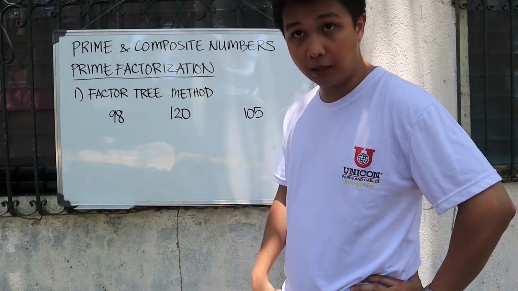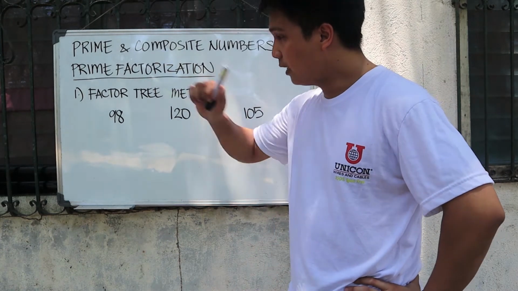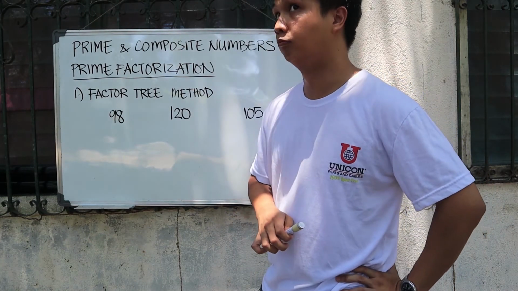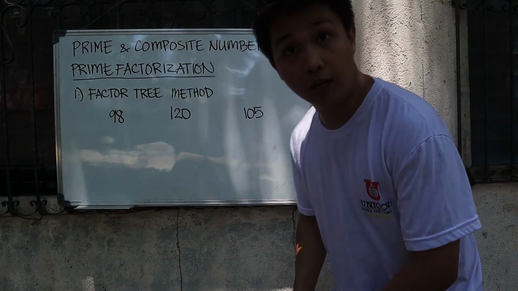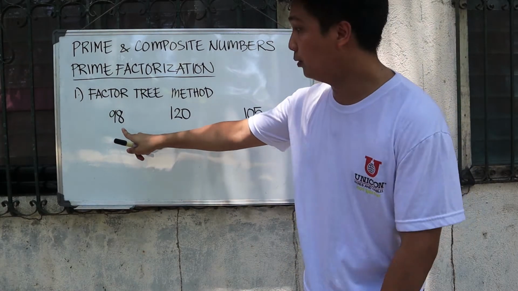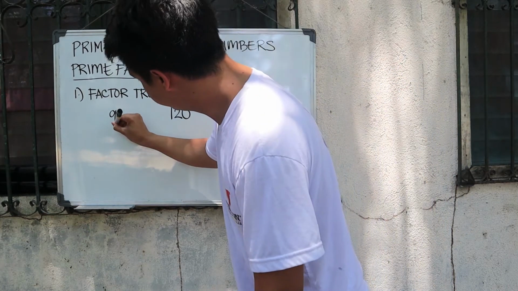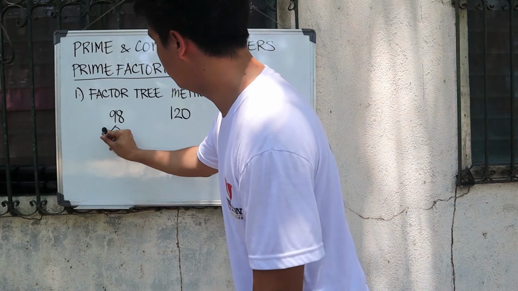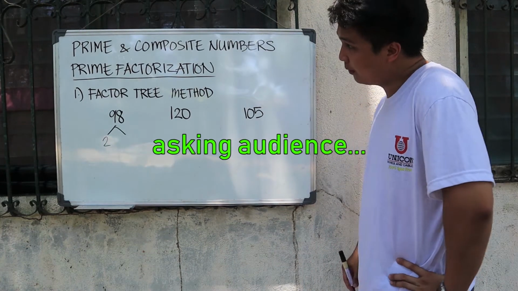Ano ang mga number nga kung i-multiply mo, ang answer 98. Okay. Sige, so 98 is divisible by 2, so isulat ko siya ang 2 sa dalom. 98 is equal to 2 times, ano ang i-times ta sa 2 para mag 98?